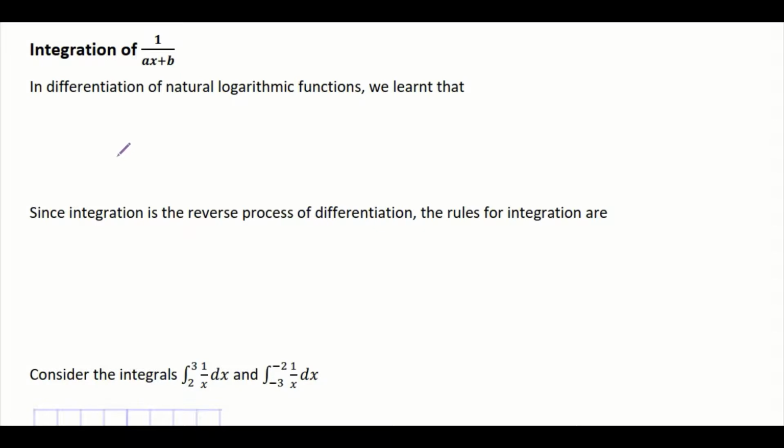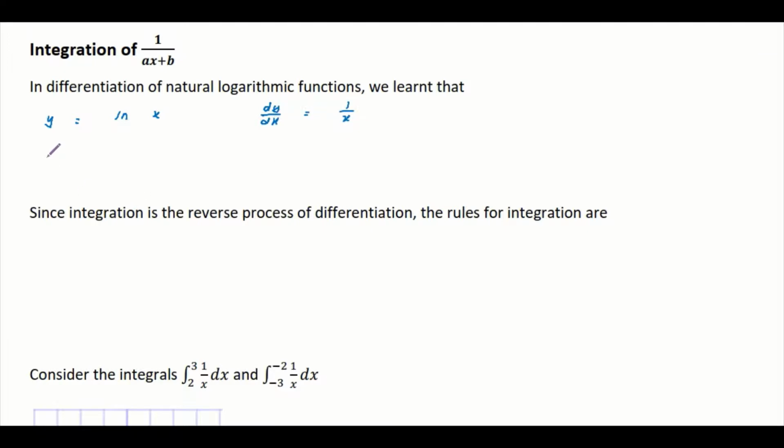So let's try to go from the concept that we have learned previously in differentiation for natural logarithm. So we know the ln, right? If we have y equal to a natural logarithm of x, when we do dy dx, can you recall what you get? So you have 1 over x.